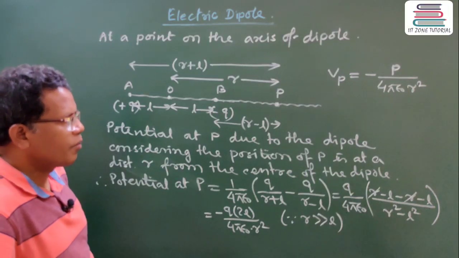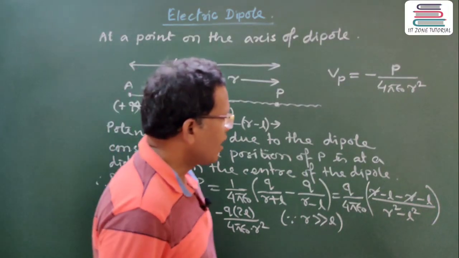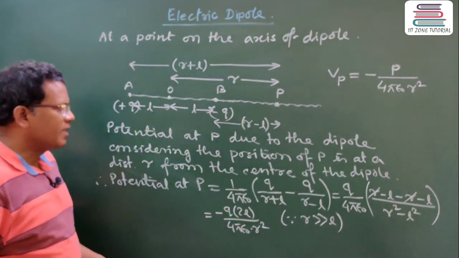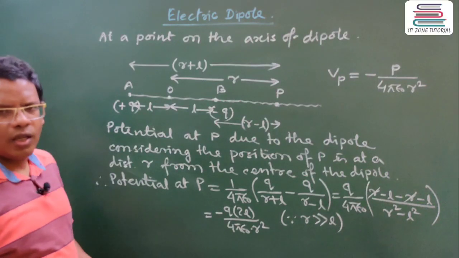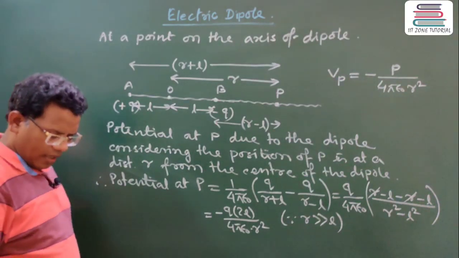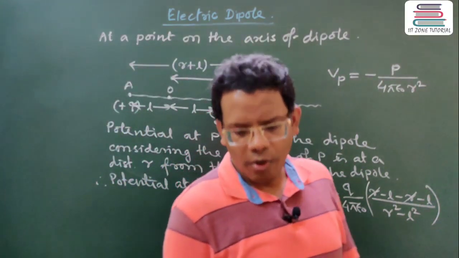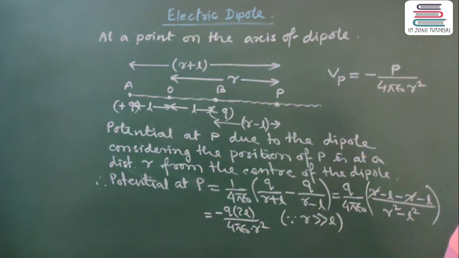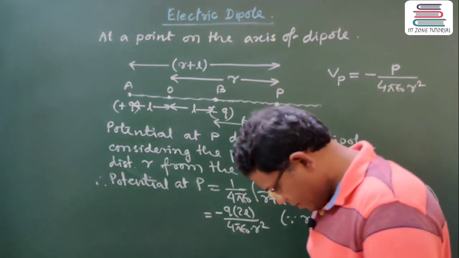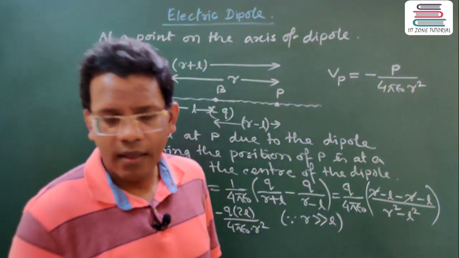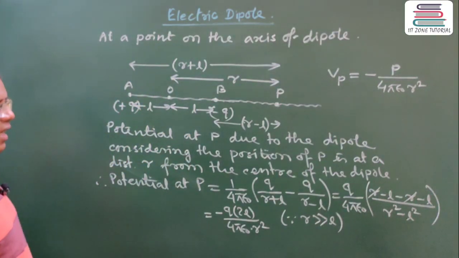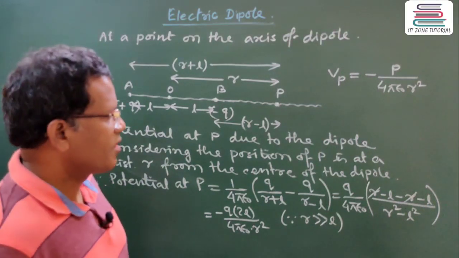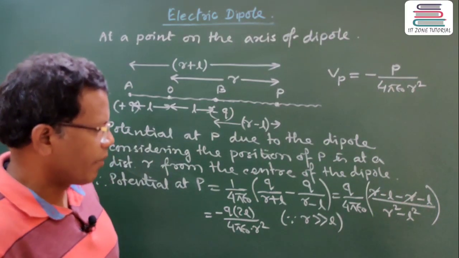So minus of P by 4 pi epsilon naught R square becomes the potential at a distance R from the center of the dipole along the dipole axis. Could you follow this? Being this is a scalar quantity, obviously it won't have any direction, and that is the reason why the sign of minus will remain there.